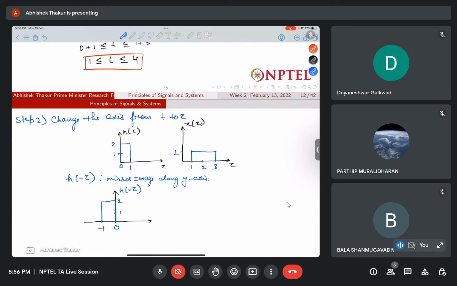Now we have to find h t minus tau, so we have to shift it by t units. So h t minus tau will be shifted by t units here. Here it will be minus 1 plus t, that is equal to t minus 1. So we have got this h t minus tau.